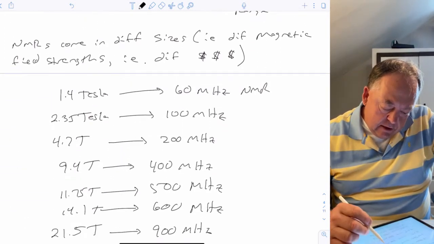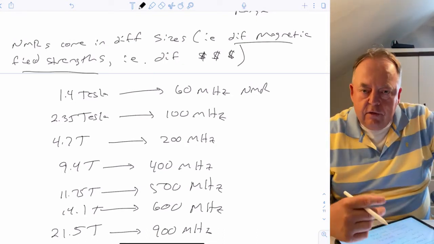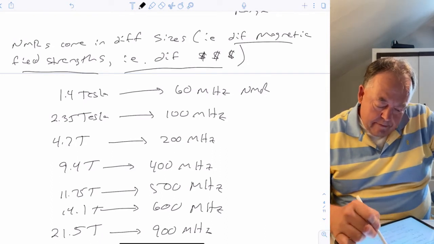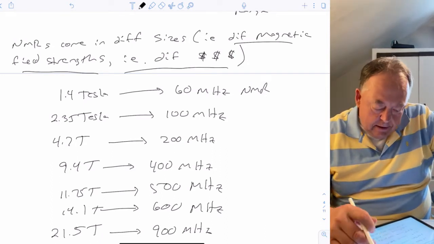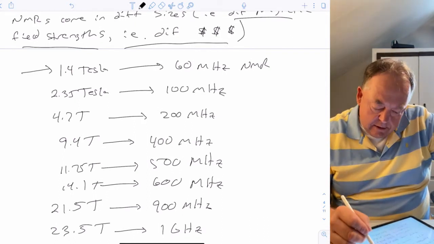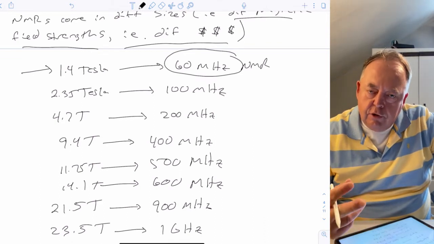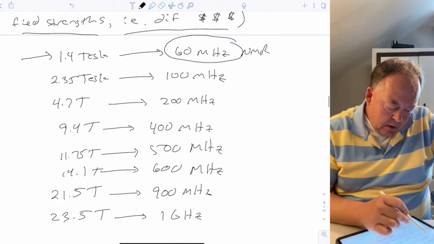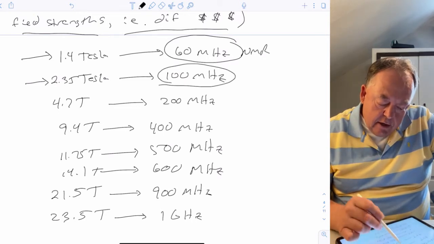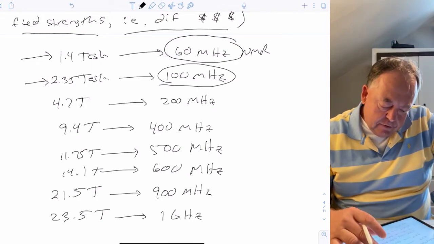Okay, so NMRs come in different sizes, which means basically they have different magnetic fields. And of course, what that means is they cost different amounts of money. So you can have a magnet that is 1.4 Tesla. You would need about 60 megahertz radio frequency to cause nuclear spin flips. Or 2.5 Tesla. Of course, as the magnetic field gets bigger, you need higher frequency radiation, more energy, to cause nuclear spin flips.